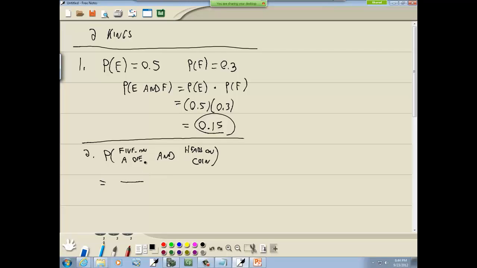Well, me rolling a die has nothing to do with flipping the coin. So these are independent. Now we look at the probability of getting a 5 on a die. There are 6 faces on a die, and one of them is a 5. So that'd be 1/6. Now for heads on a coin, well, there's 2 possibilities, heads and tails, and of those, one of them is a heads. So we get 1/6 times 1/2, which gives us 1/12.